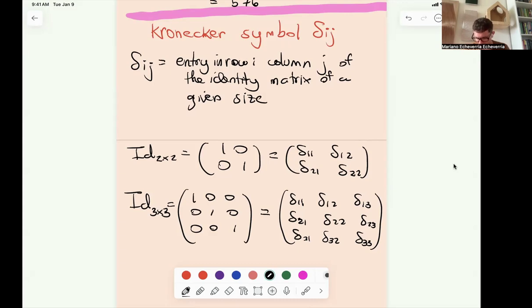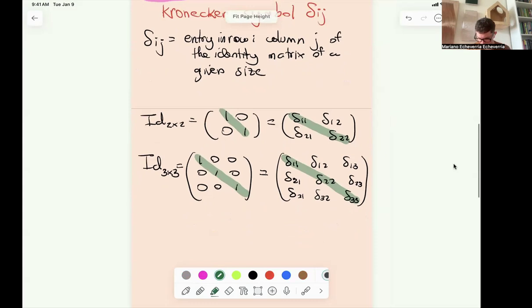The usual definition you'll see is that if both indices match, like 1 1 or 2 2, then the value of the symbol is 1, and everything else gives you 0. So the usual definition is that delta ij is 1 if i equals j and 0 otherwise.